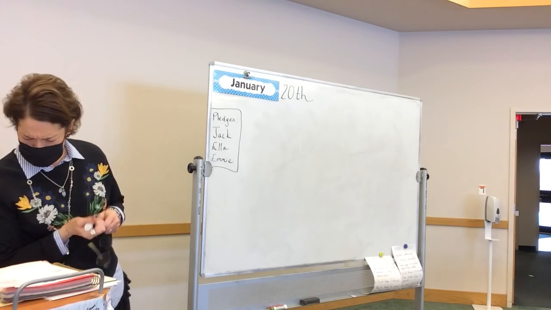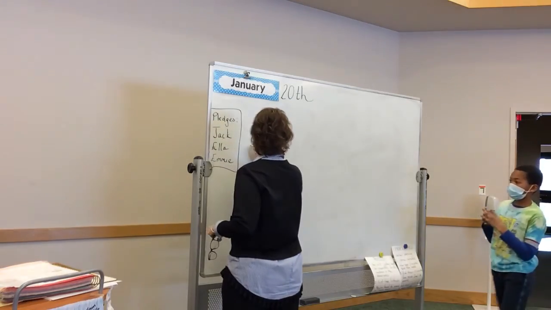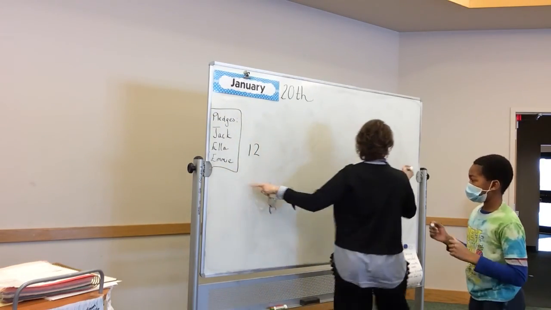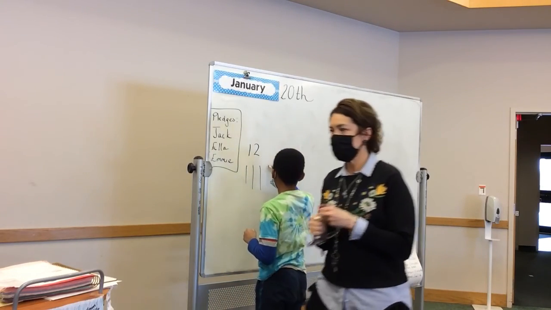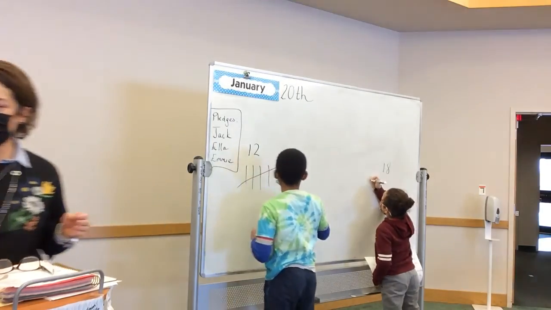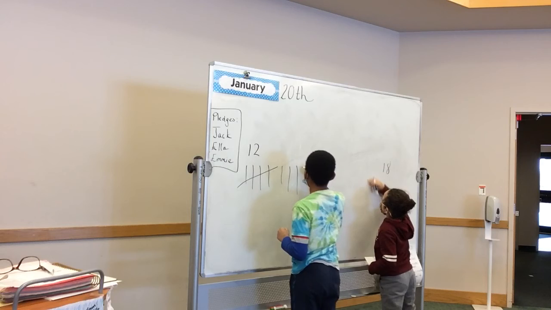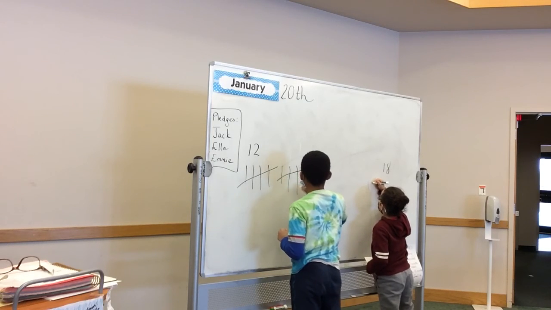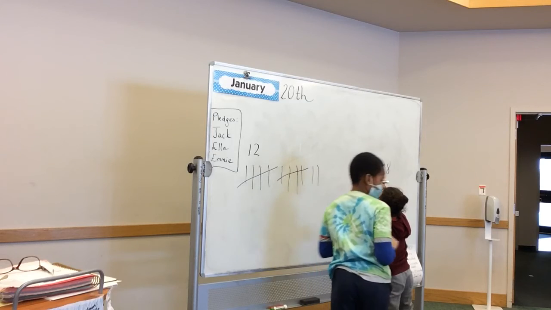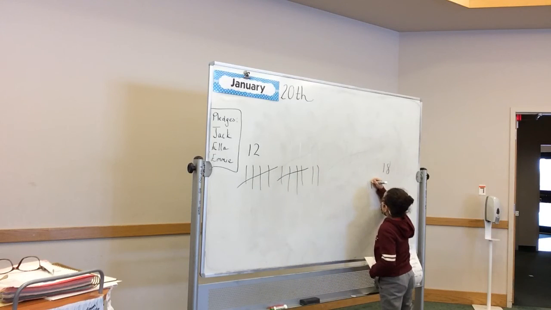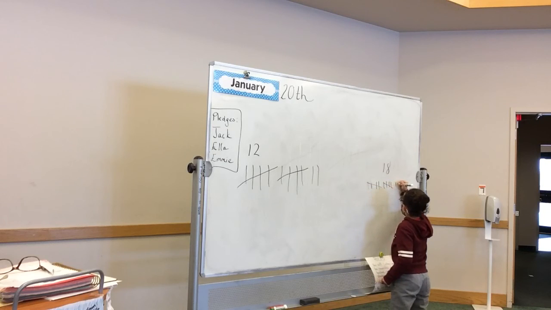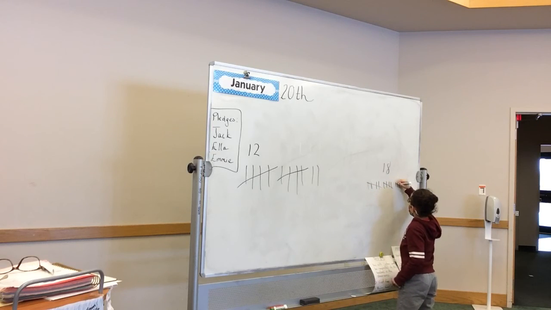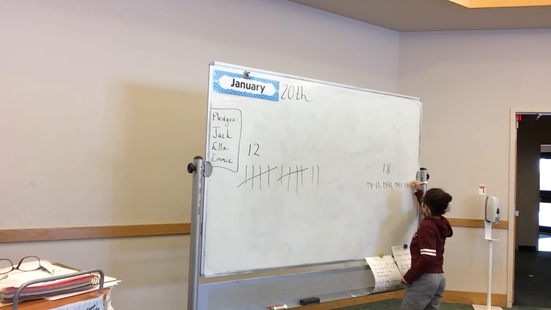So we are doing 12 here. You're going to tally. And then 18. Remember what 5 looks like, and then you're counting by 5, basically. Beautiful, Jeremiah. Beautiful.